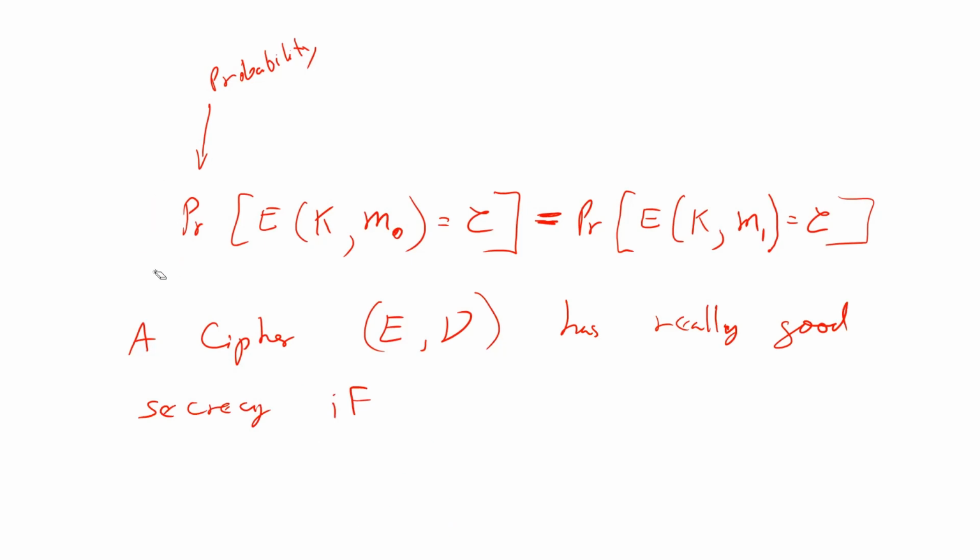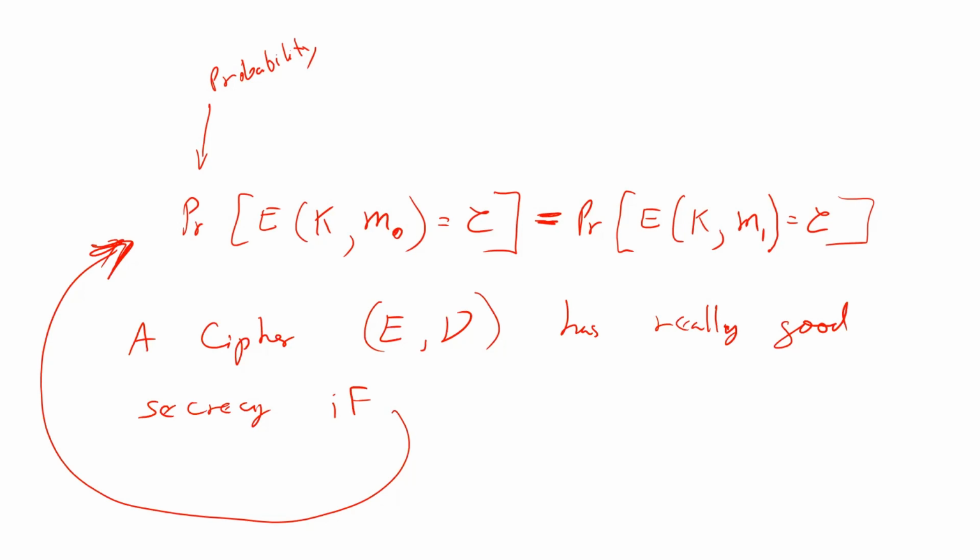I should have written it backwards. So what do you guys think? We have to interpret that a little bit to understand it. We have E, we have K, we have M0 and M1, we have the ciphers, and we have PR, which stands for the probability. As I said, don't try to solve it as an equation and solve for a variable. Instead, try to interpret what that is saying.